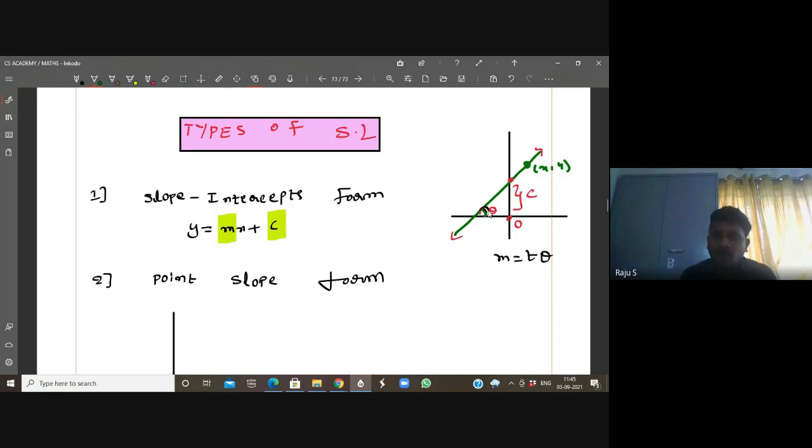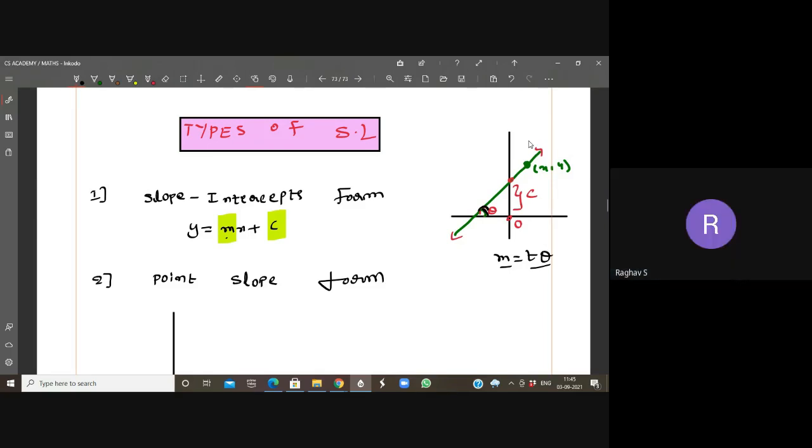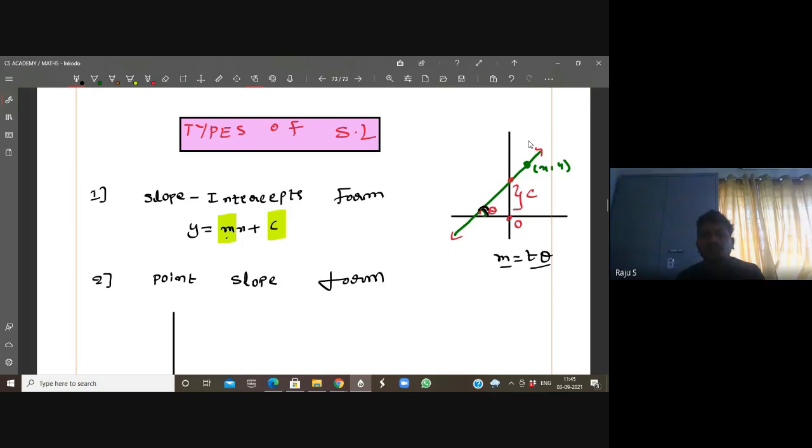Every line can make an angle theta with the positive direction of the x-axis. When I use the tan theta formula, we'll get the m value. Substitute m here. The y-intercept, they will definitely give in the question.